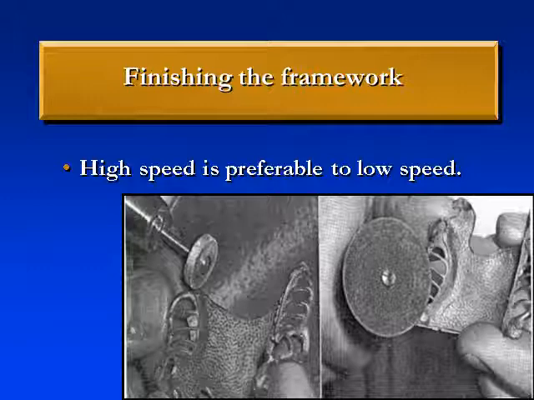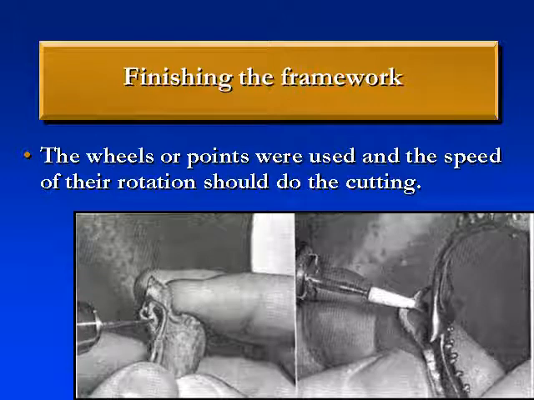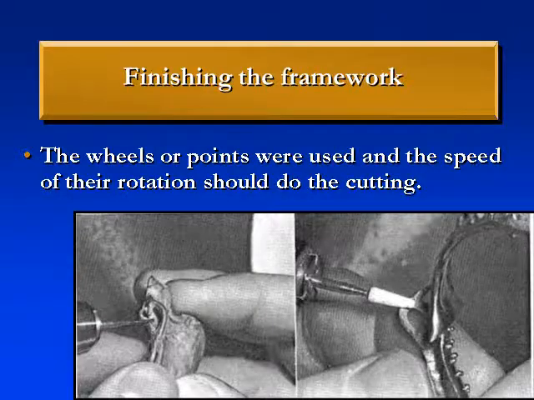High speed is preferable to low speed during the removal of the sprue, sprue entrance and sprue connection in the metal framework. Different types of wheels or points are used, and the speed of their rotation should be adjusted for the purpose of cutting and removing any excess and metal flashes from the metal framework.